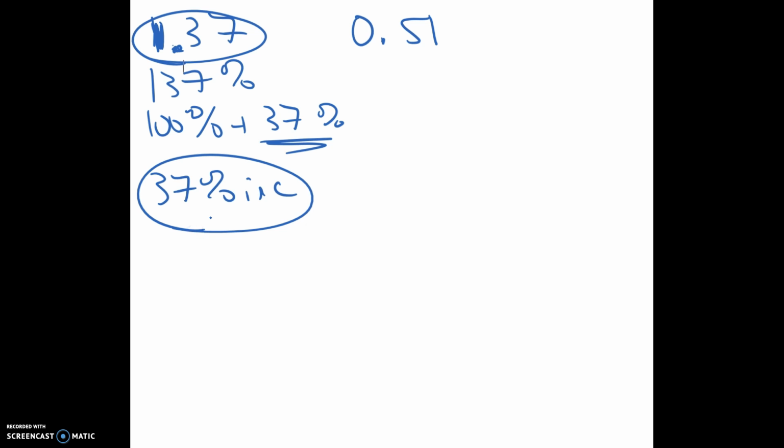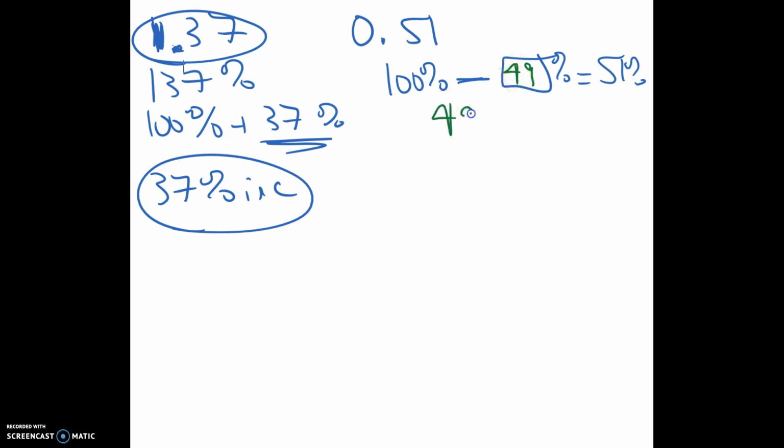This one, you have to think a little bit more because you would have 100% minus whatever the percent decrease is. And you're getting an answer that you're keeping 51% of the value. So you have to think to yourself, what am I really subtracting here? And so you're not subtracting 51%, you're subtracting 49%. So if you take the difference here, you get 49%.